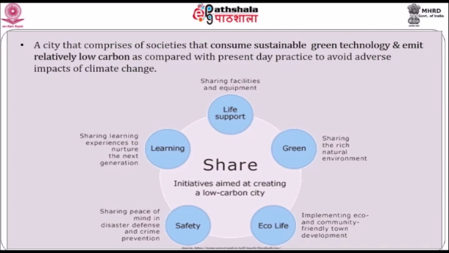That is, one is life support, which is about sharing facilities and equipment, about green, that is sharing the rich natural environment, about eco life, implementing eco and community friendly town development, about safety, sharing peace of mind in disaster defense and crime prevention, and learning, that is sharing learning experiences to nurture the next generation.